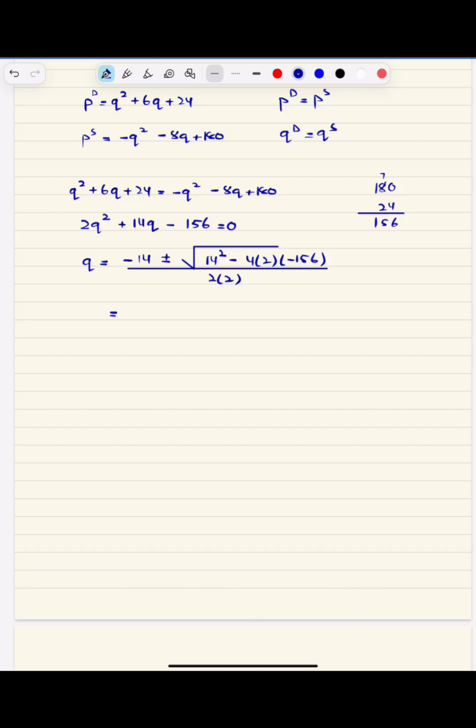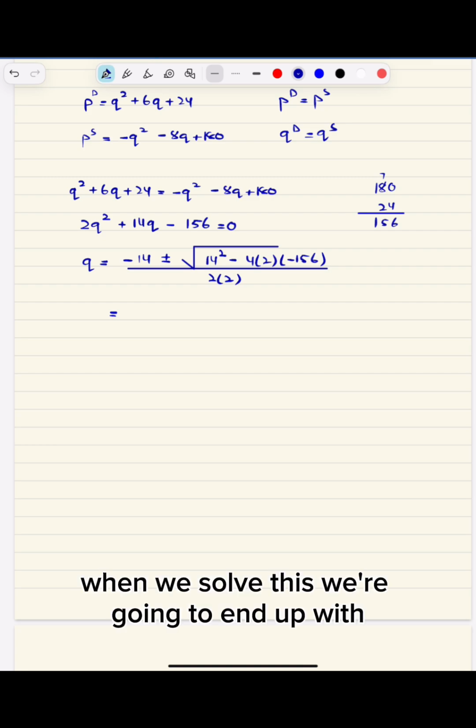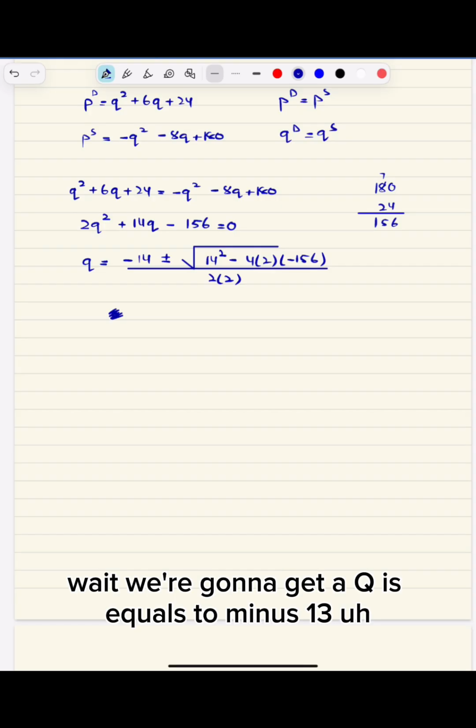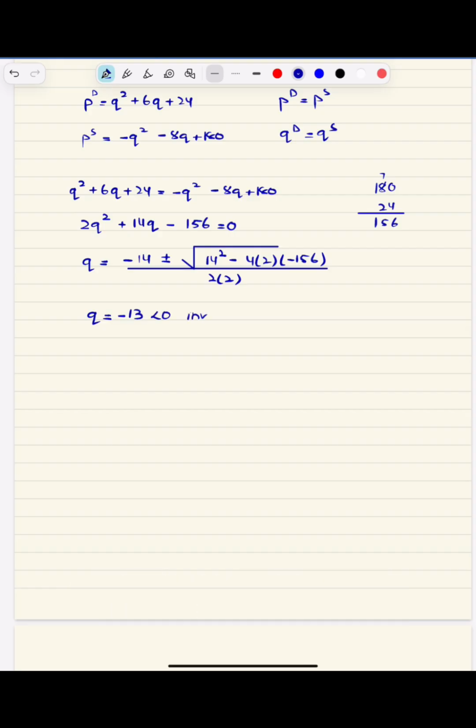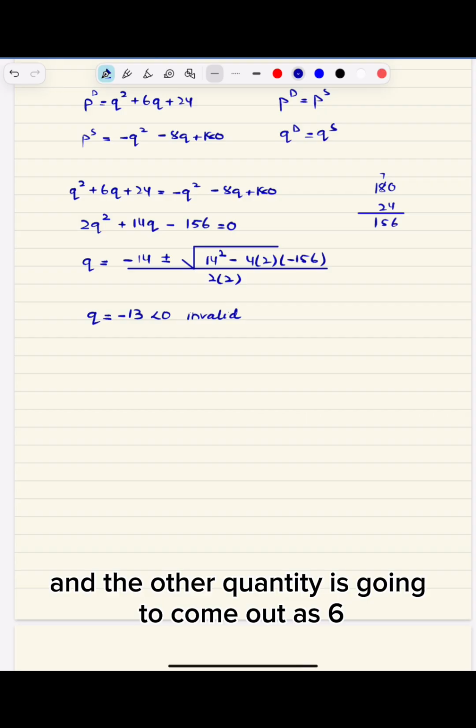According to the calculator, when we solve this, we get q equal to minus 13, which is negative, so that's invalid. And the other quantity comes out as 6.